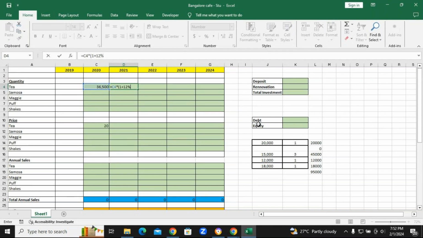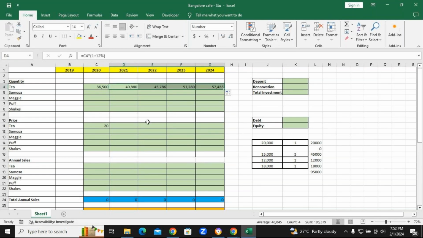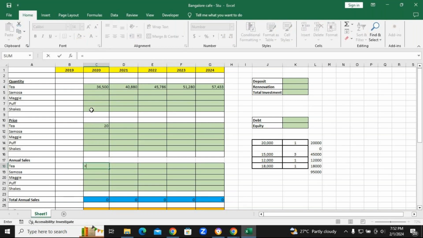So like this the calculation should be applied. Then quantity, so annual sales, how much will it be? 20 into this total. So like this, for all the items I need to apply the calculation.